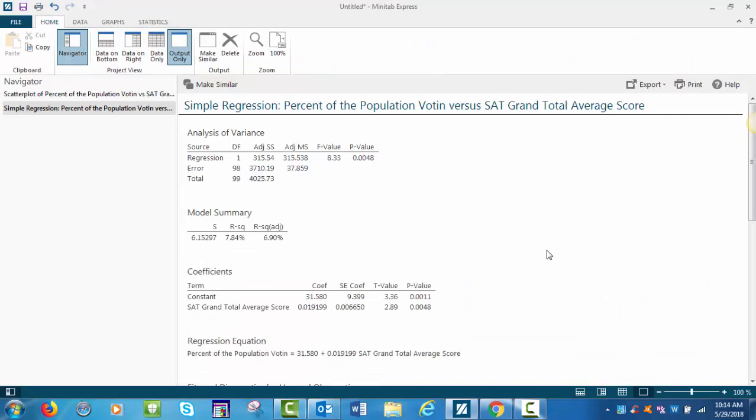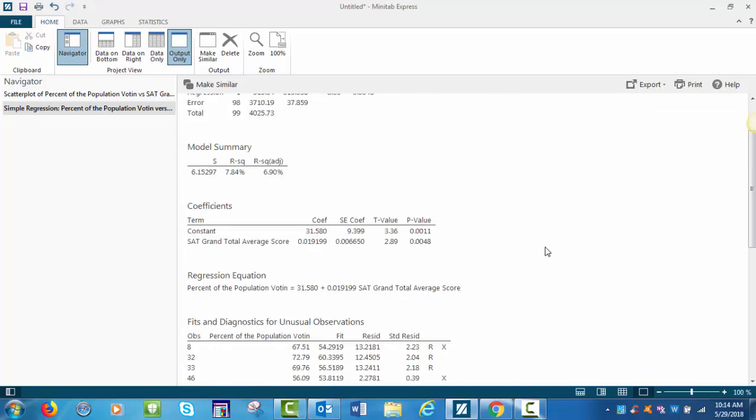Here's the output. The correlation coefficient, remember we saw a positive relationship, so the correlation coefficient is going to be the square root of R squared, and my R squared is right here, so it's 0.0784. Take the square root of that and we get 0.28.